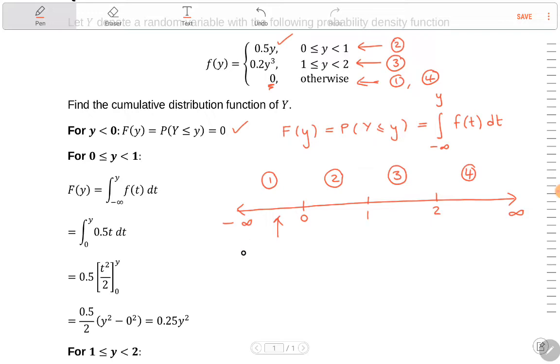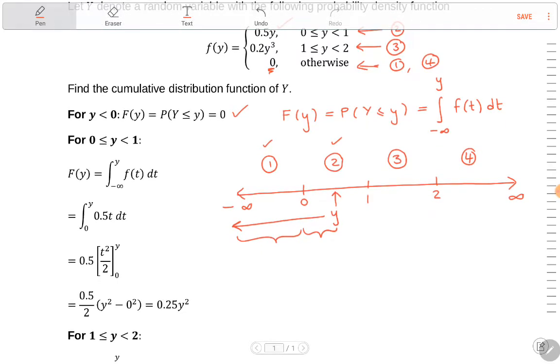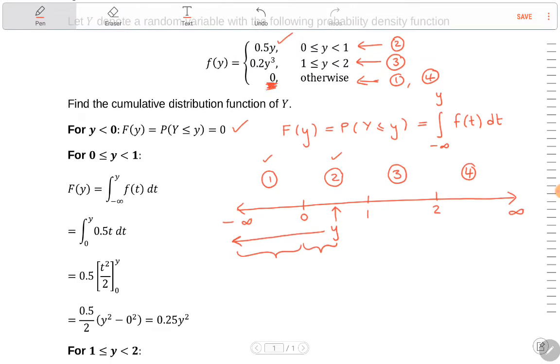Then you need to consider region 2 here. So let's say y is over here. Then remember, you want all the area to the left. So you must integrate over region 1 and from 0 to y. So you end up with a 1 and a 2 for that one. So here, you know that in region 1, though, the function is 0. So there's no probability there.